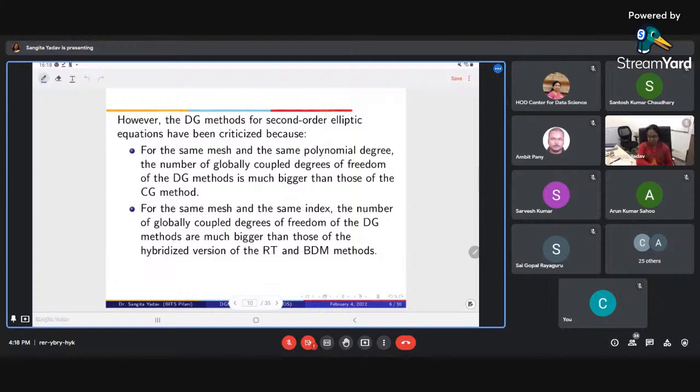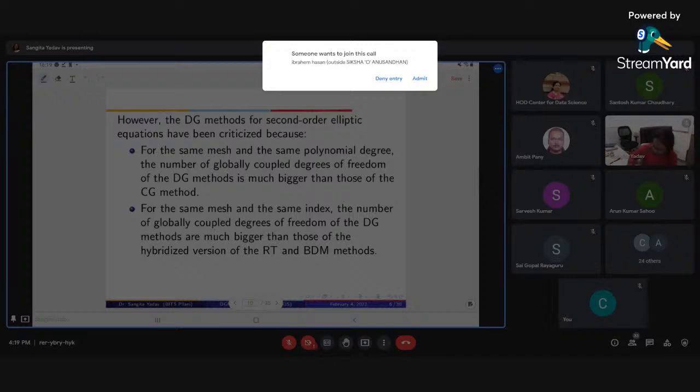However, these DG methods for second order elliptic equations have been criticized because, for the same mesh and same polynomial degree, the number of globally coupled degrees of freedom of the DG method is much bigger than that of the continuous Galerkin method. What does it mean?